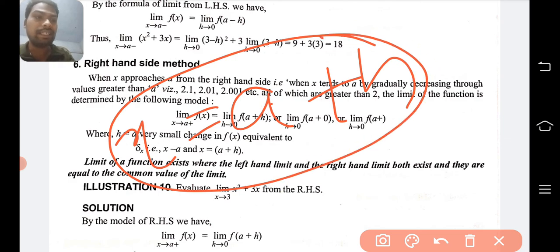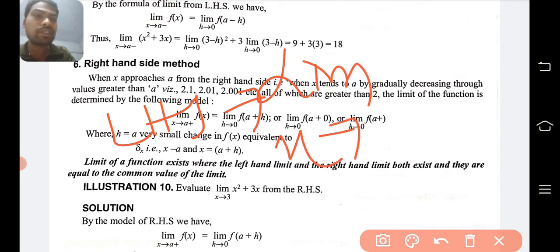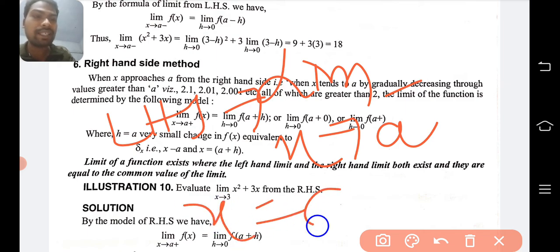But in the case of the left hand side limit, we take limit x tends to a to the power minus, and in place of x we take a minus h.